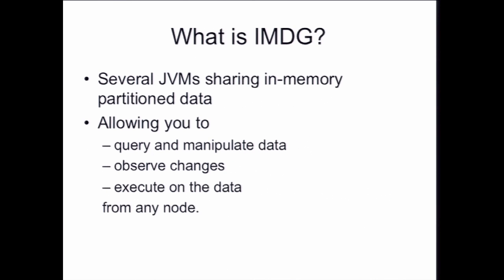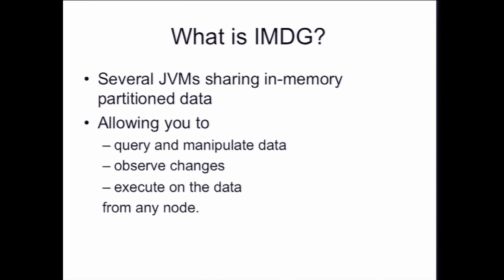So what is an in-memory data grid? It's like several JVMs sharing data, and then querying the data, observing the changes, executing code on the data, and the grid is using your own data objects.